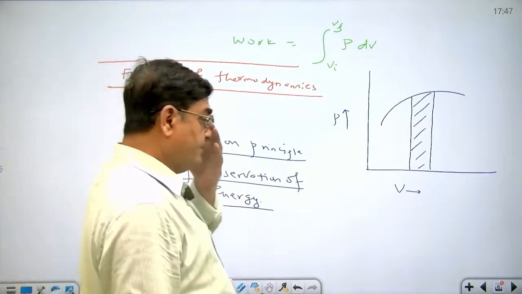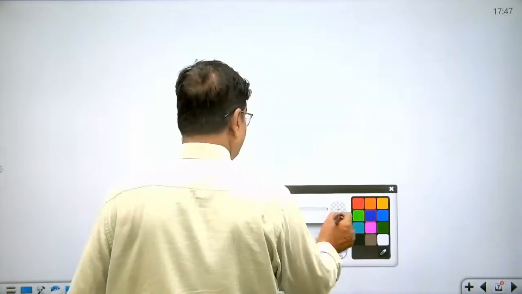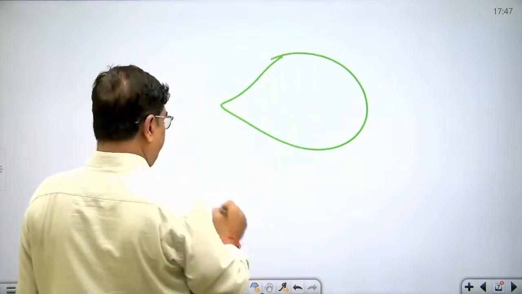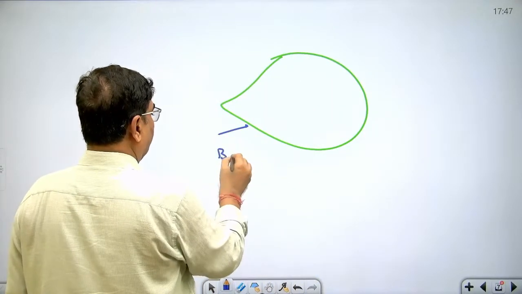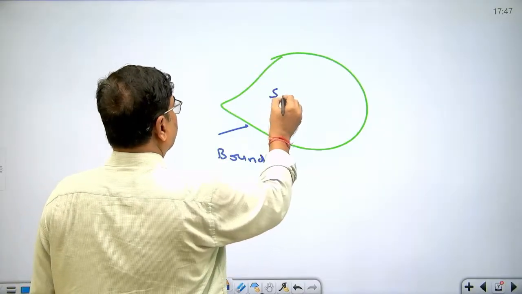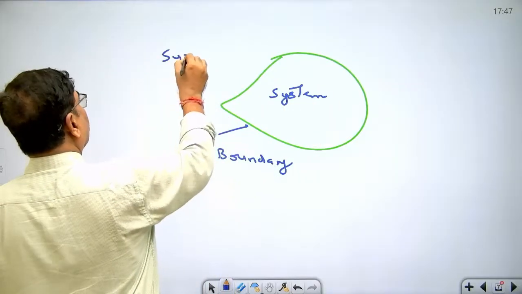Now, dear student, what is the general statement of the first law? Let's talk about this thermodynamic system. This is the boundary separating the thermodynamic system and the environment, meaning the surroundings.